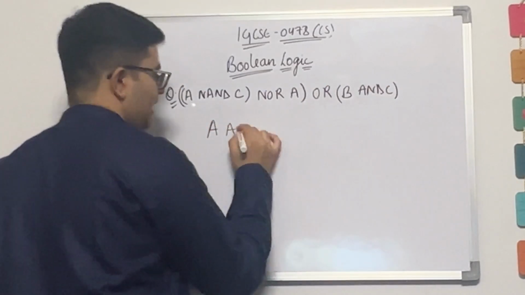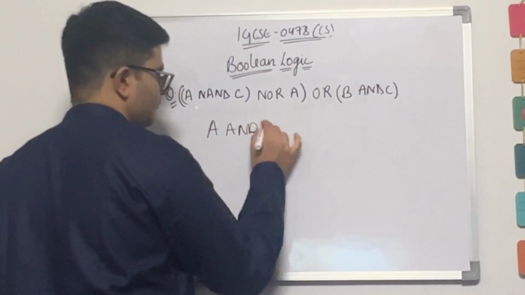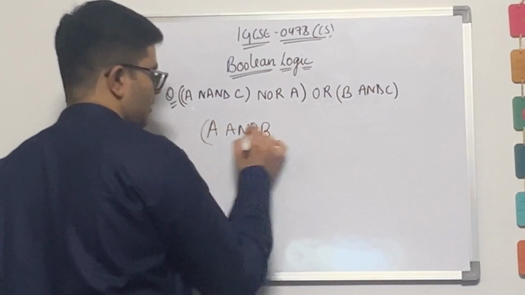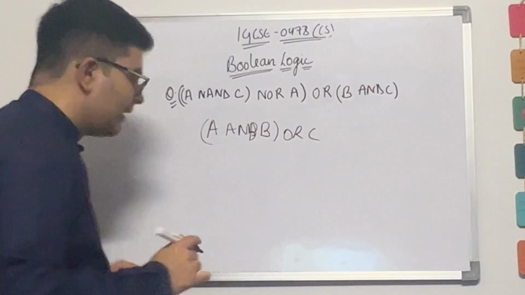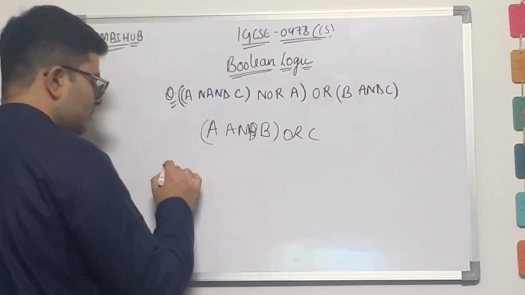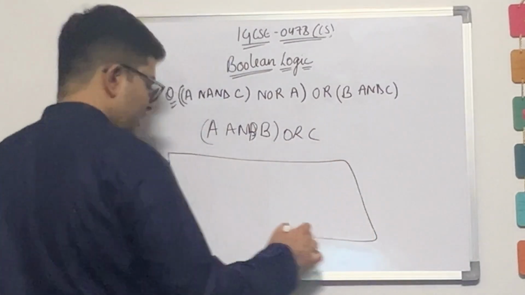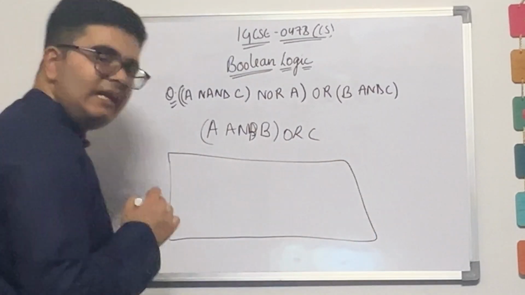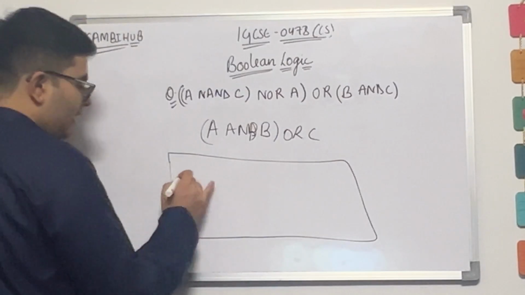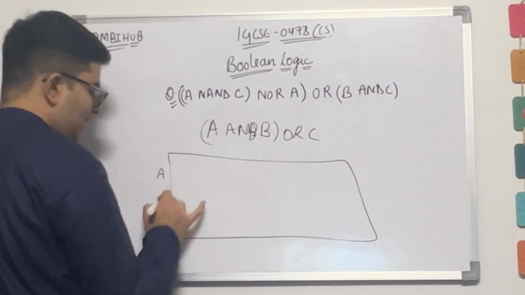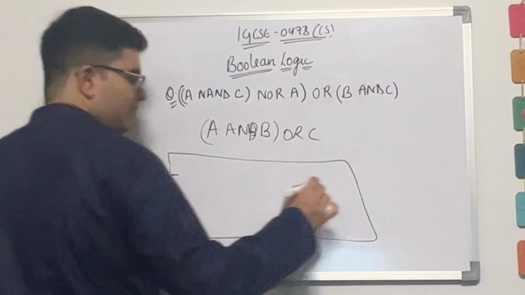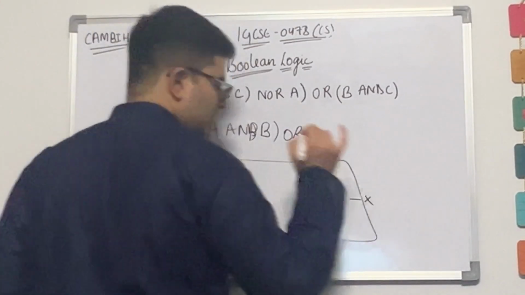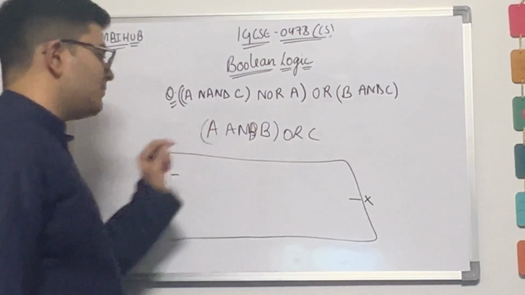Suppose I have A and B or C. How would I create a circuit diagram for that? So I'll create a box. Don't worry, box is already given to you in the paper. I'll create a box where I'll put my inputs as A and B. Right? These will be my inputs and my output will be X. How do I make this expression?